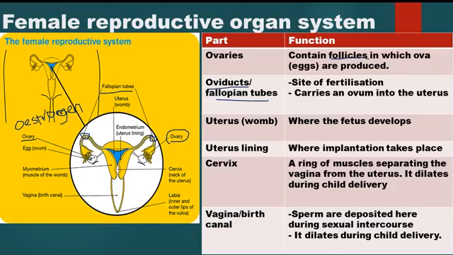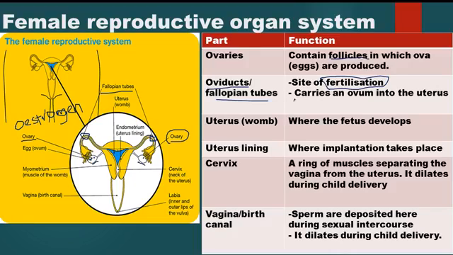The fallopian tubes have two functions. One, that is where fertilization takes place. So if you are asked for the function of the fallopian tube or the oviduct, it is the one responsible for fertilization. Then apart from that, the fallopian tube also allows the ovum or the zygote to move down to the uterus.